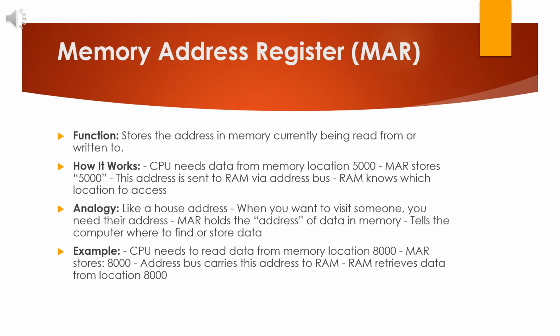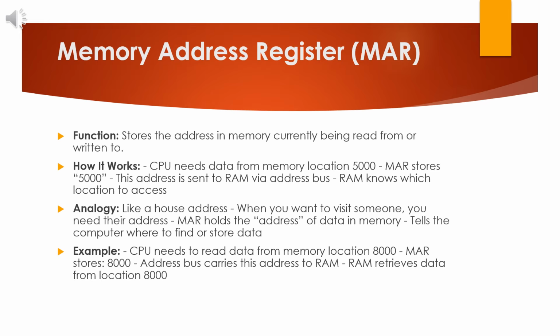To understand how it works, imagine the CPU needs data from memory location 5000. The MAR will store the value 5000 and send it to the RAM via the address bus. This tells the RAM exactly which shelf or location to look at.